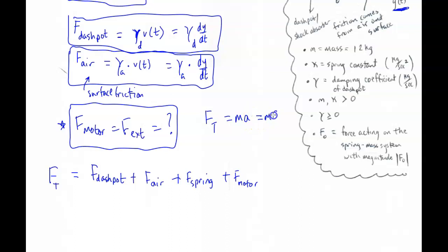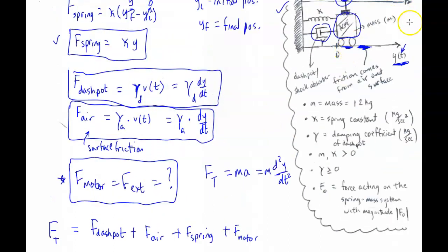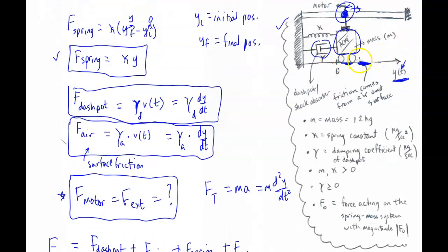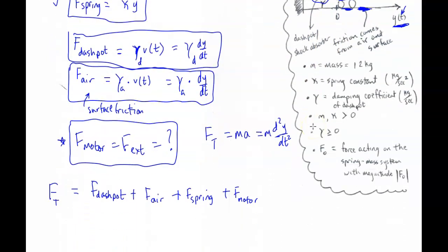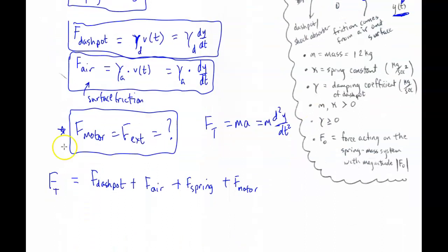So we could express our force as the mass times the second derivative of y. Now we have a way to express all the forces in terms of position y, according to what this spring mass model I've drawn represents.